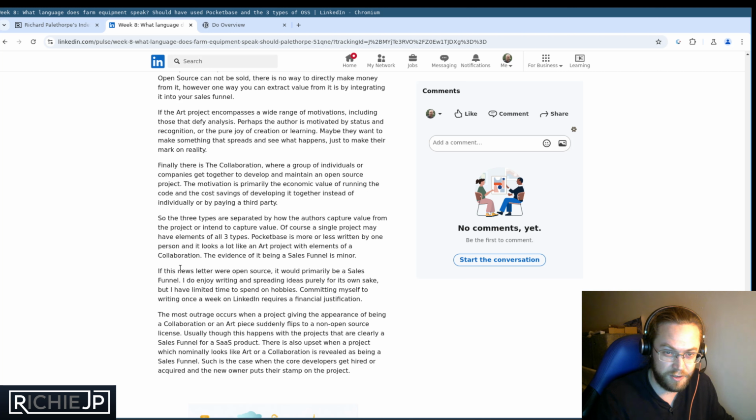I guess this is another thing: pretty much any open source project can accidentally be a sales funnel. But typically you'll see evidence of a sales funnel. You'll see that the person has a back end.